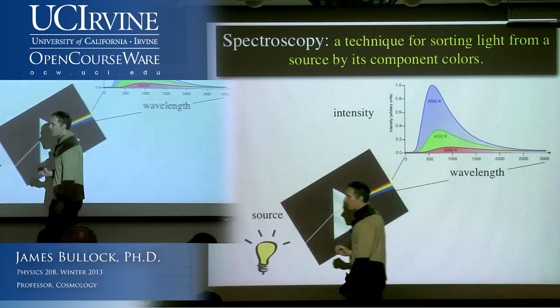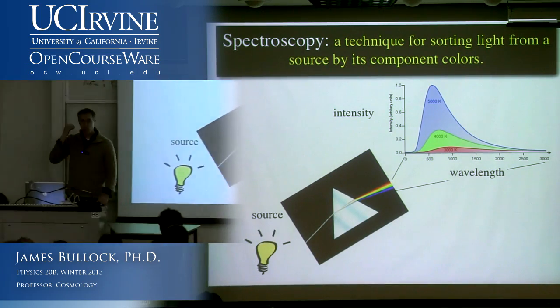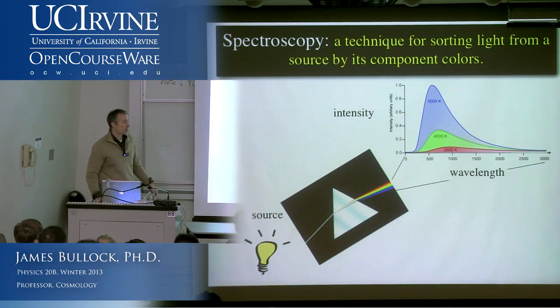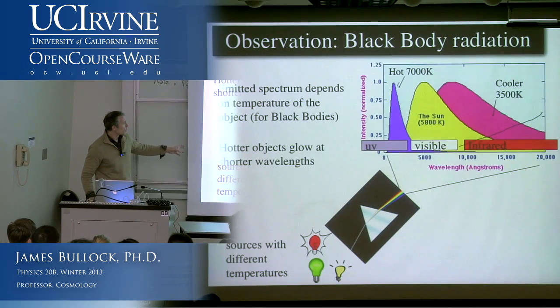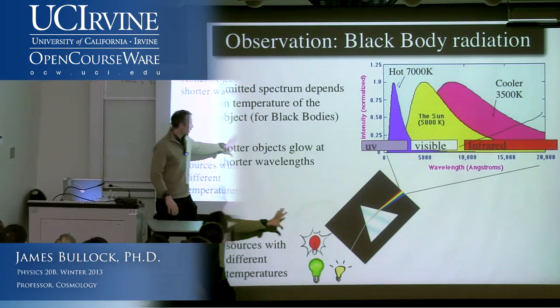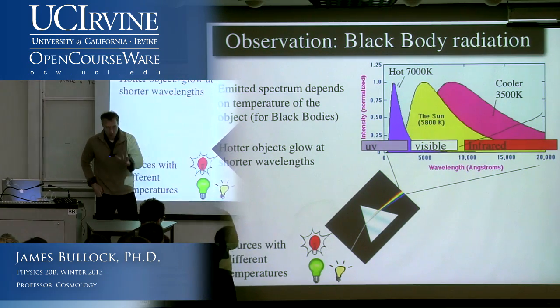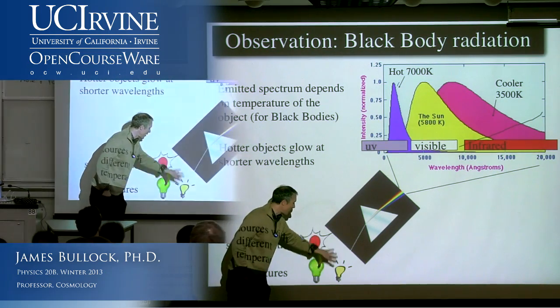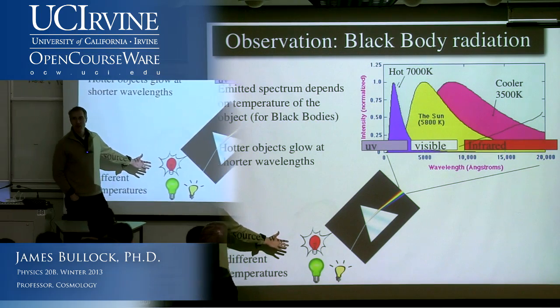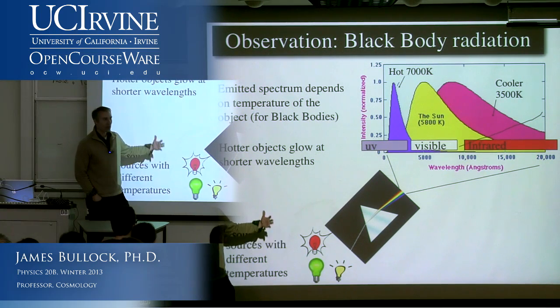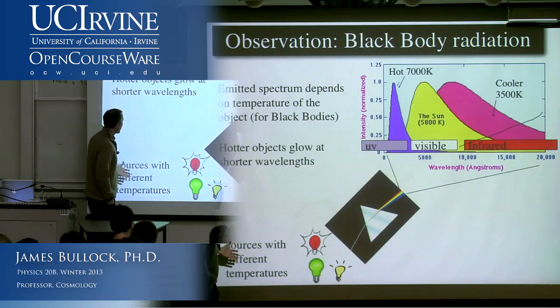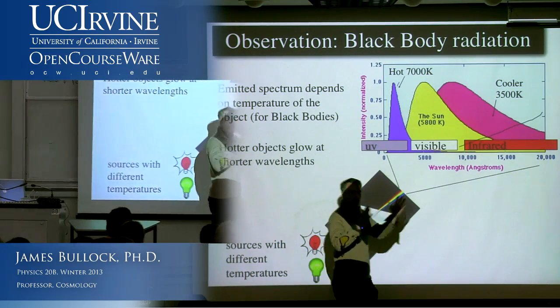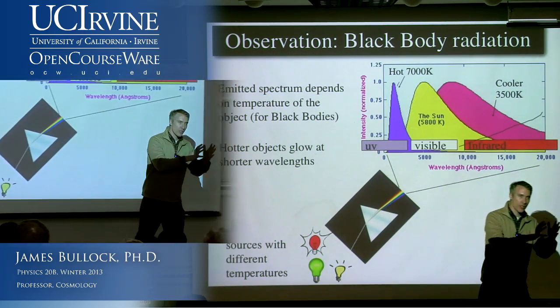Now, one of the things that you see if you do this is that different sources have different colors and different temperatures, and these different colors down here in these cartoons are representative of different temperatures of objects that you can measure. Then you look and see what the spectra of these different sources are.